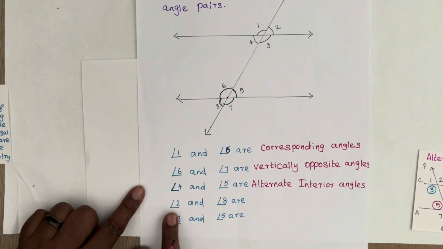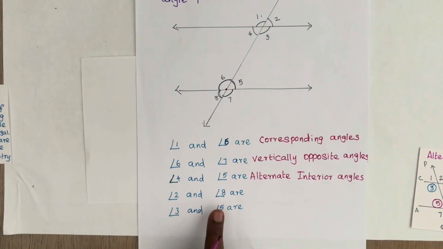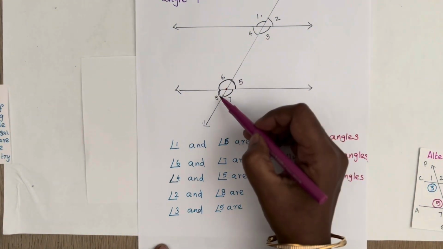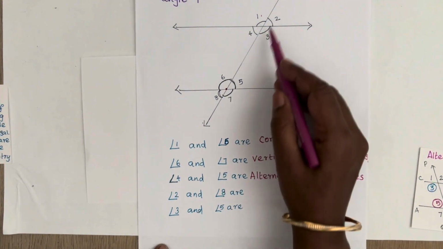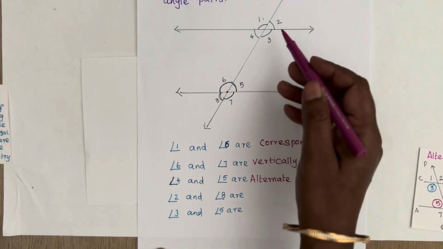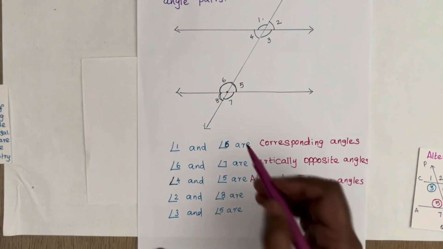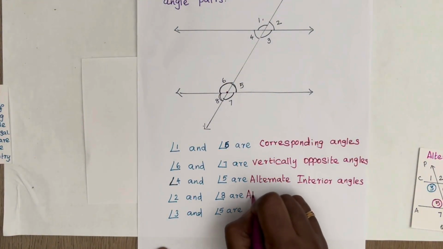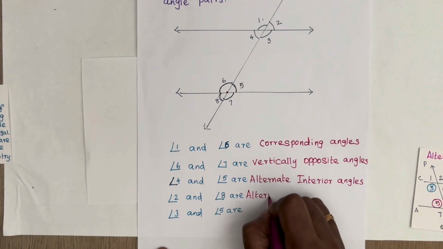The next two angles are angle 2 and angle 8. Both are outside, that is exterior angles, but on the opposite side. So that is known as alternate exterior angles.